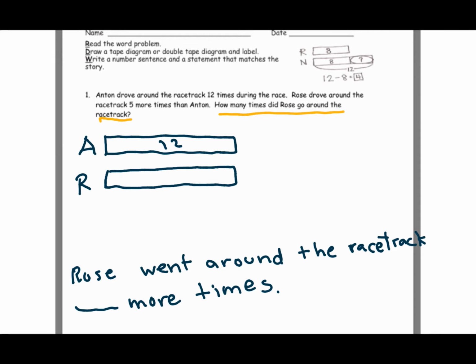And not only did Rose have the same size, but now she did 5 more times. So I'm going to put 5 more times. So, if this top part here was 12, then this bottom part there should also be 12.